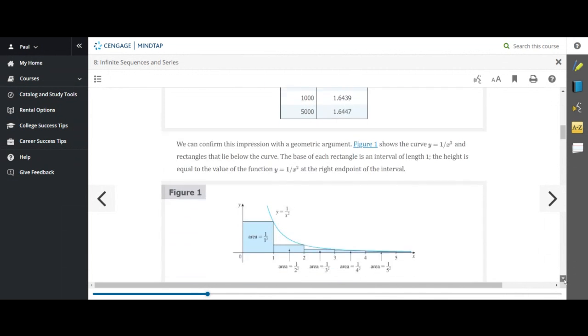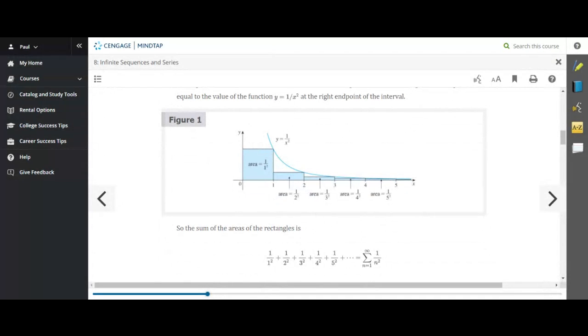Here in figure 1, they have a picture of the function 1 over x squared. Every blue rectangle has a width of 1, and the height of the rectangle is equal to a function value.